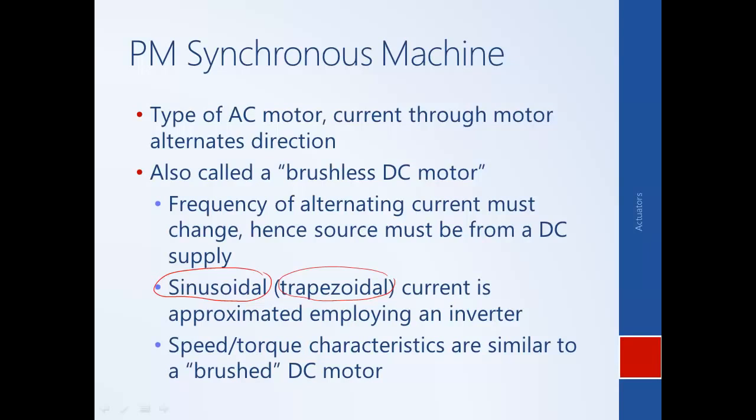Another reason why a PM synchronous machine is called a brushless DC motor is because the speed-torque characteristics of the motor are similar to a brushed DC motor. As I'll show subsequently, the mathematical models for the two types of motor have the same sort of structure.